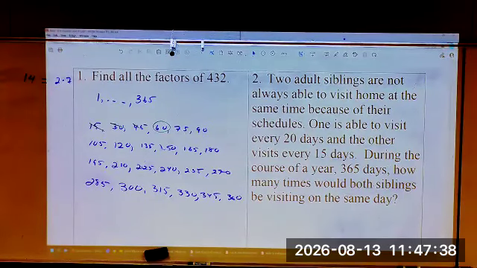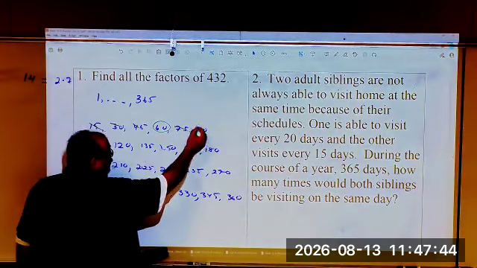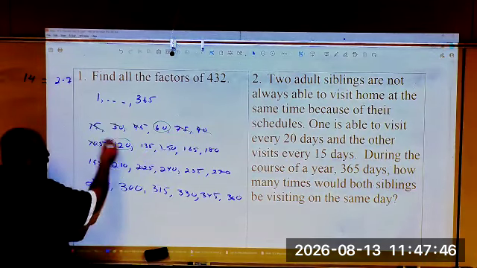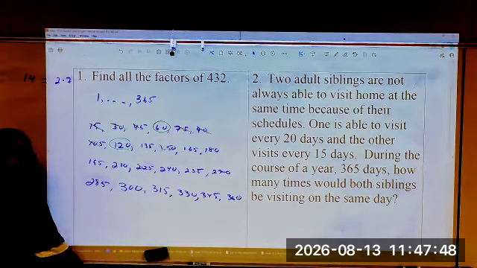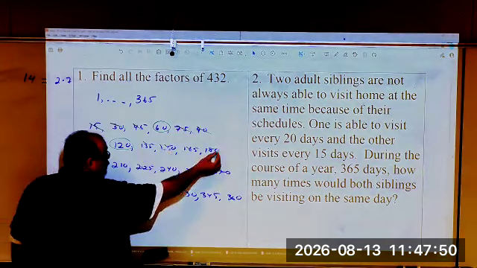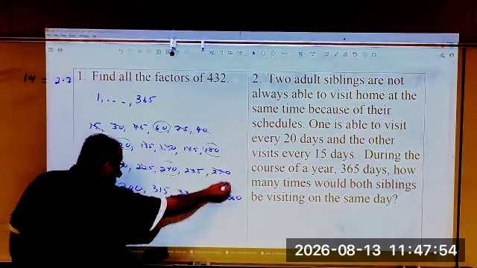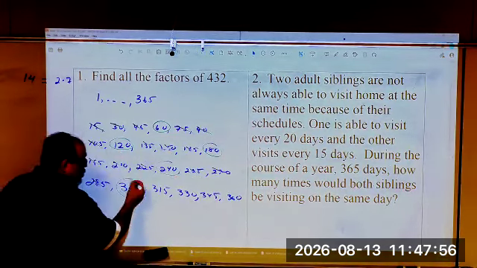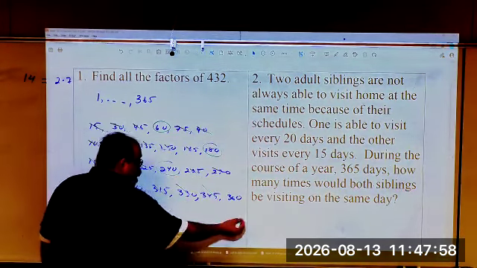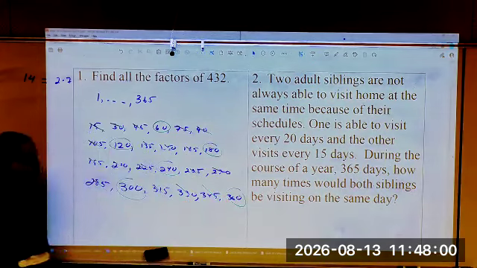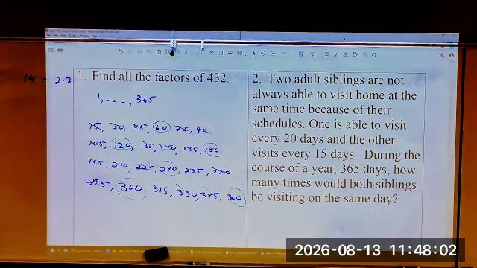So it would take 2 months before they're there on the same day. And then 20, nope, 20, nope, 20 goes in there. So every 60 days. So you start to see the pattern. So 1, 2, 3, 4, 5, 6 times.